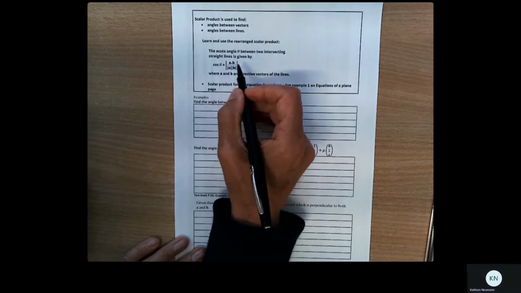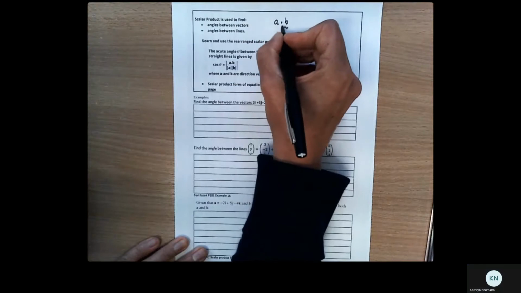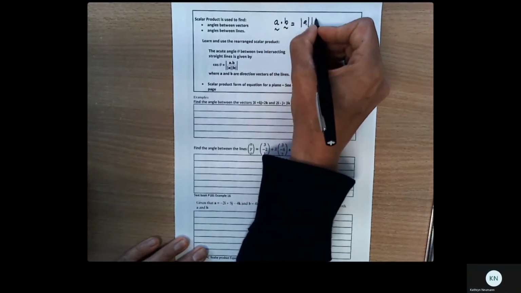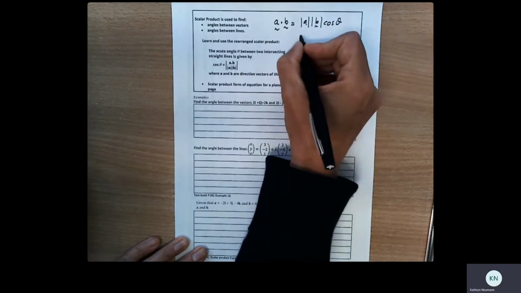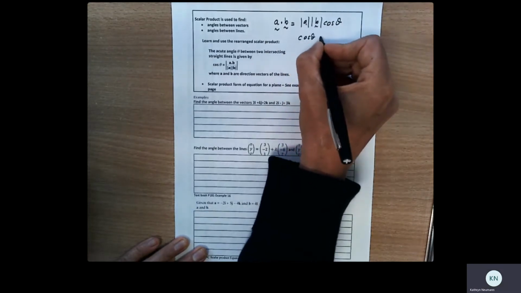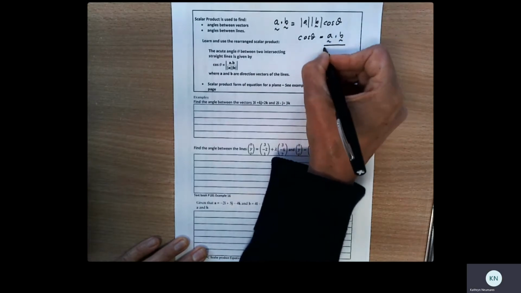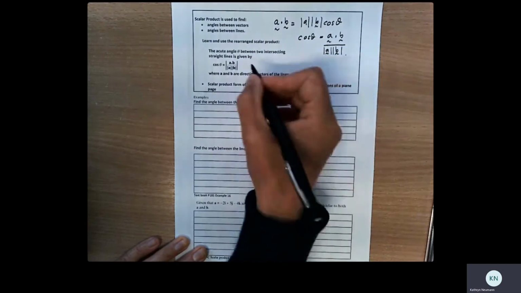So if you know that A dot B is equal to mod A mod B cos theta, then you can rearrange it to get that cos theta is A dot B divided by mod A mod B. You can learn this formula here, or you can just learn this one and rearrange it when you need to.